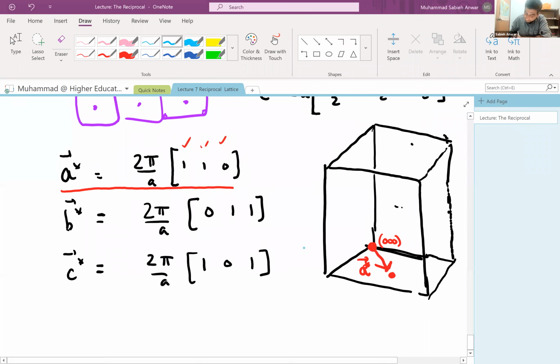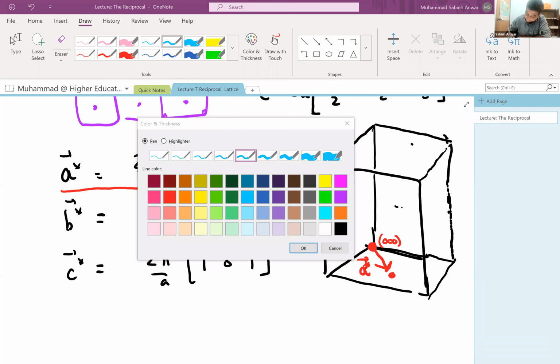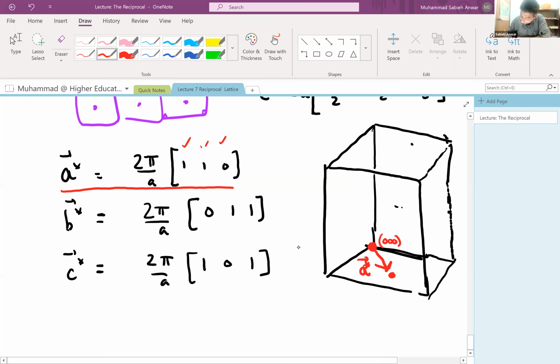Let me also draw the unit cell. So this point is 1, 1, 0. So B star is going to be 0, 1, 1. It's going to produce a point.